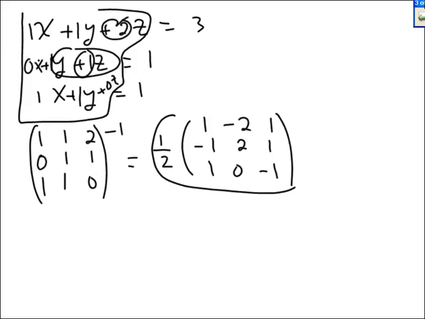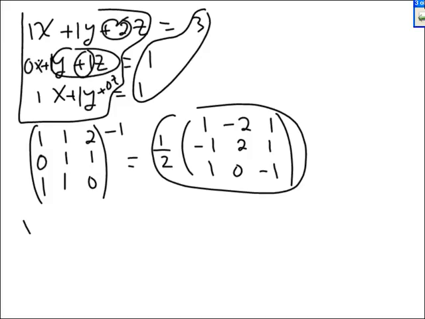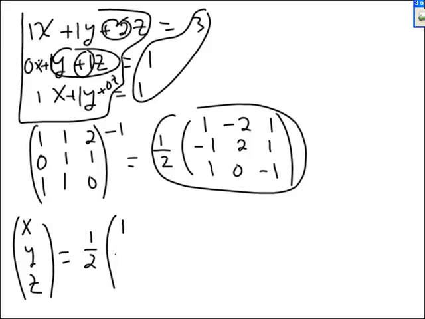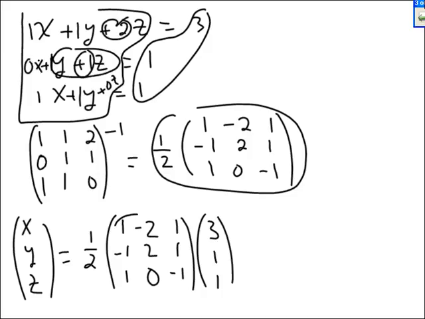And if I multiply it by the right-hand numbers, I'll be done. That is x, y, z equal to the inverse matrix times the right-hand side numbers, 3, 1, 1. Here's my 1/2 in front.